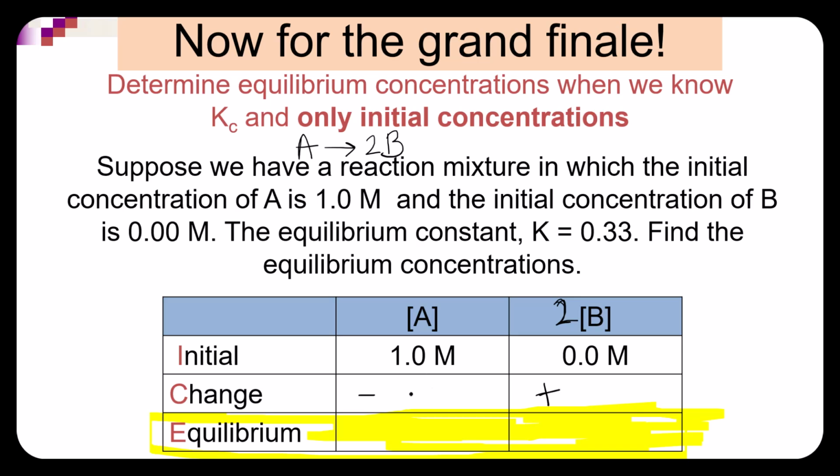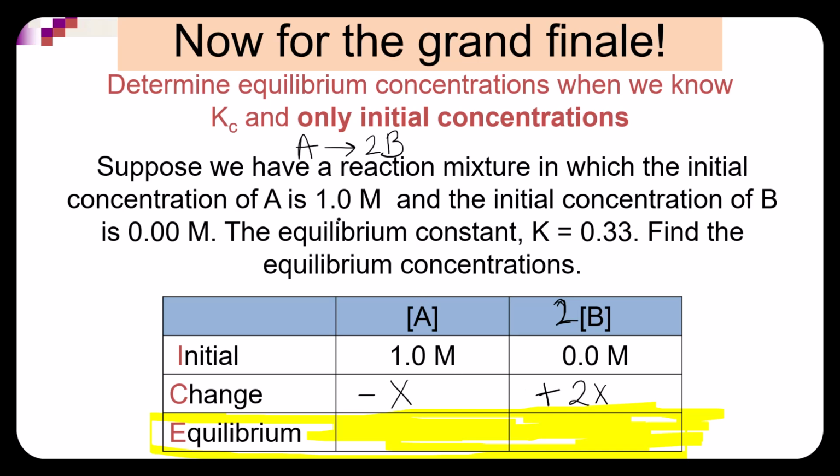Now, what is that change going to be? Well, I don't have a number to put in there, but I'm going to use the value x. So this is going to change by some value x, and I know that the concentration is going to go down, so it's going to change by a value of minus x. And I know that this is going to change by a value of plus x, but I also have to acknowledge that we're going to make twice as many of these.